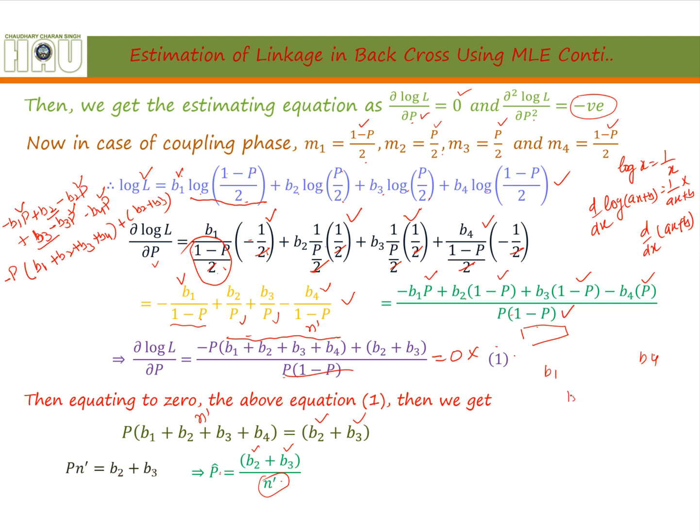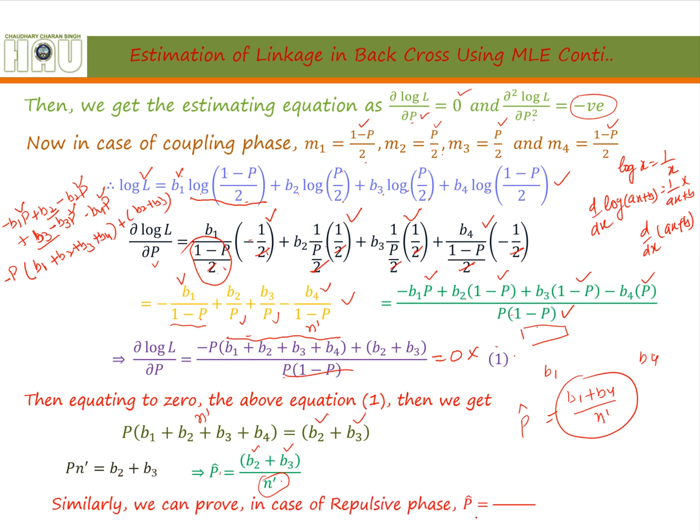So B1 plus B4 divided by n dash is the estimate of P in the repulsive phase. So similarly, we can prove that in the repulsive phase P cap is B1 plus B4 by n dash.